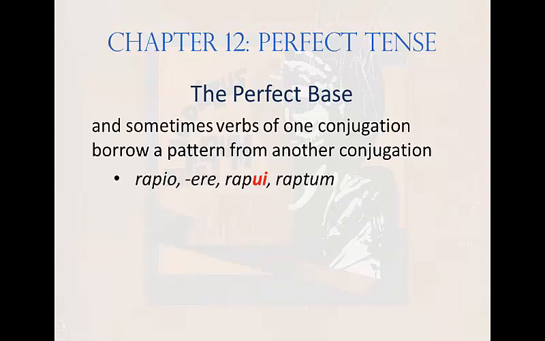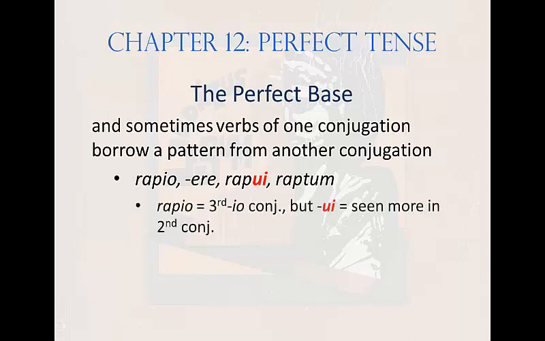Another example of this sort of interconjugational borrowing is rapio, rapere, rapui, raptum. Rapio is third io conjugation, but uses the ui more typical of second. Possum, posse, potui also should probably be included in this category, though because it's based on the verb sum, it's highly irregular.